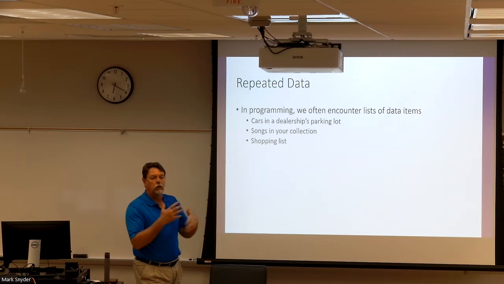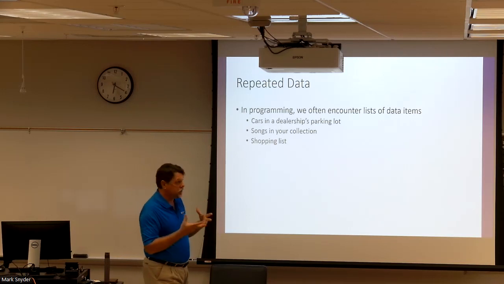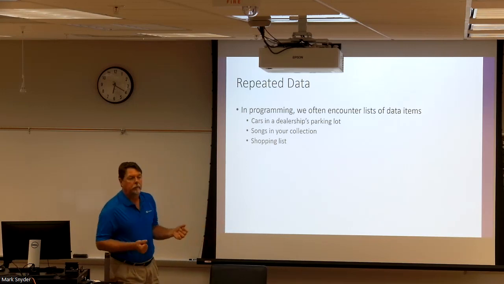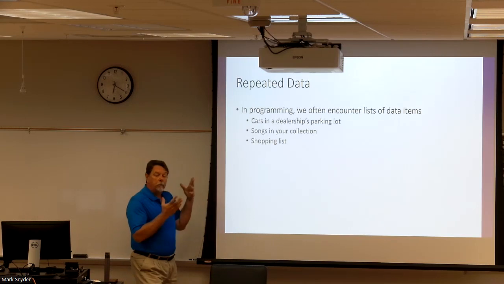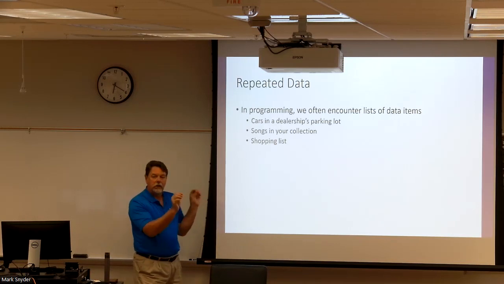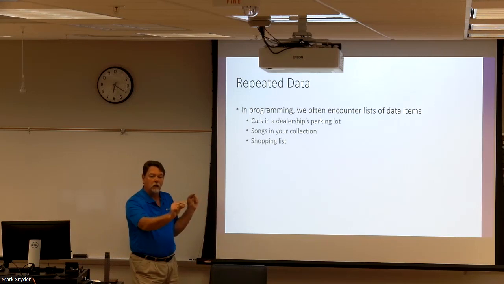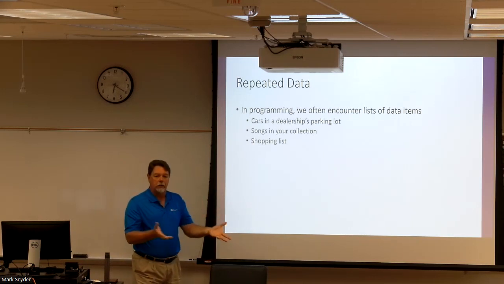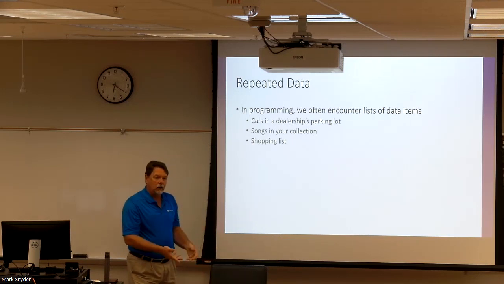And you can introduce non-homogeneousness to your data if you work at it. But if we boil it down to, we figure out a way to represent each item in the list with a string, now they're all strings. So now they're all homogeneous again. And that's one of the challenges that programmers deal with when they're dealing with data.